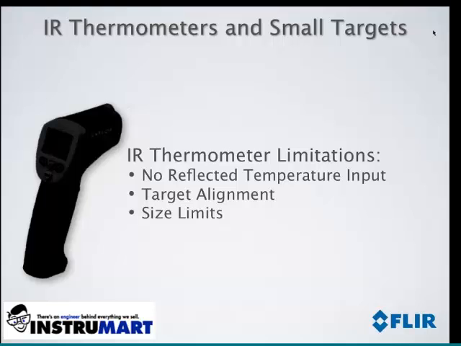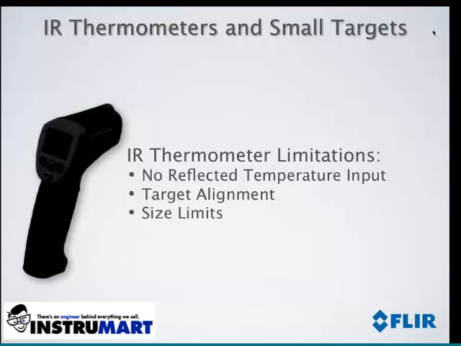In fact, we utilized in that webinar a special IR thermometer. That was not cheap. It was actually a $1,000 spot pyrometer or thermometer that had in it a close-up capability.